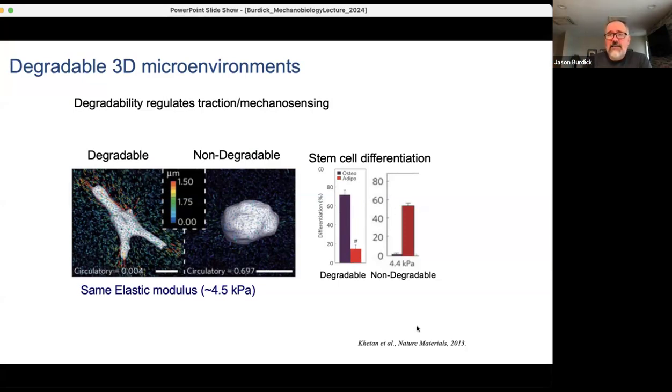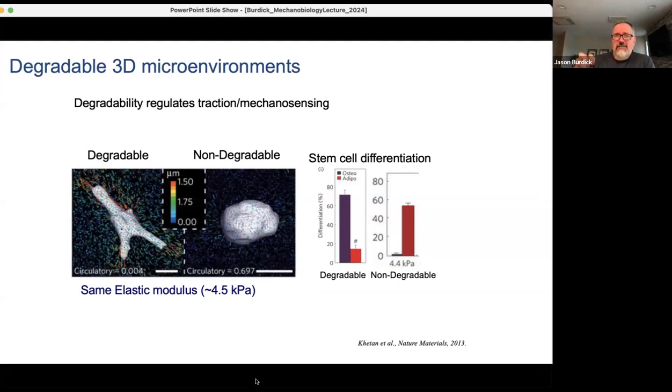And then using that same media, looking at fat and bone differentiation, if they can spread into it, they generate more tractions or bead displacement, and that leads to more osteogenic differentiation. If they're restricted, we've shown it doesn't matter what the material mechanics are. If their rounded shape is retained, then they can't generate those tractions, and so that leads to a lot of fat-like differentiation.